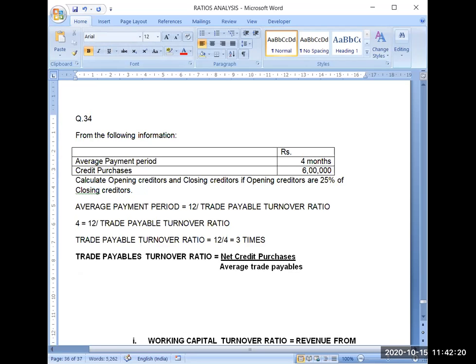Now, two of the variables we know. One is trade payable turnover ratio, which is 3 times.